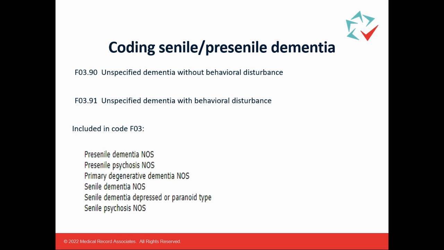So basically, senile and pre-senile dementia are coded identically, even though they are considered two distinct conditions.